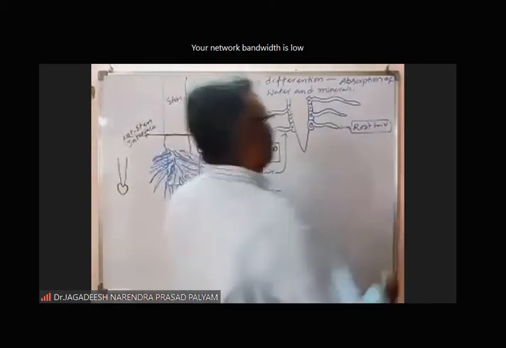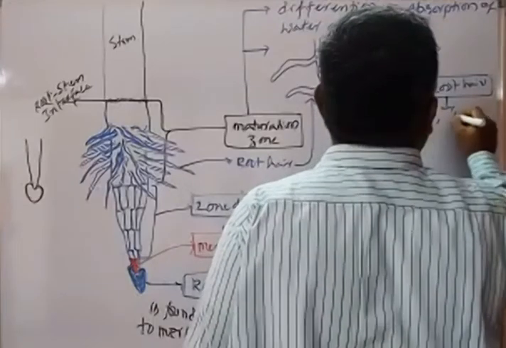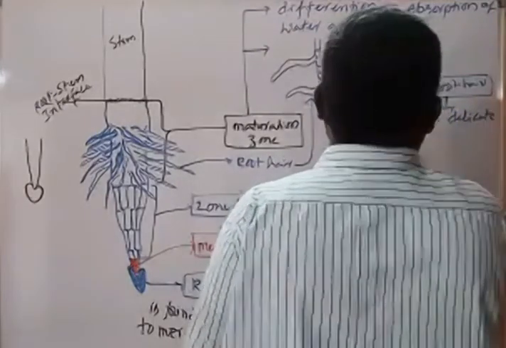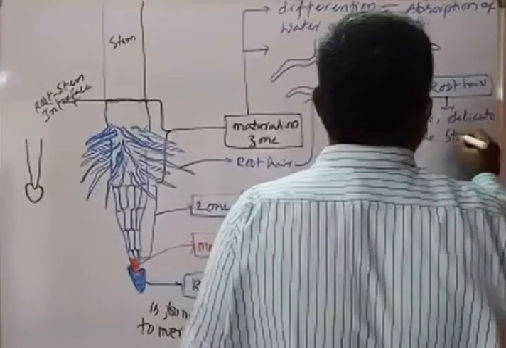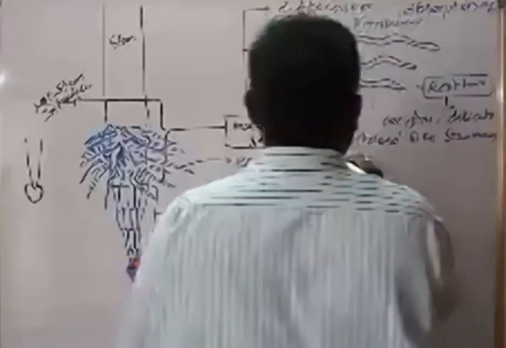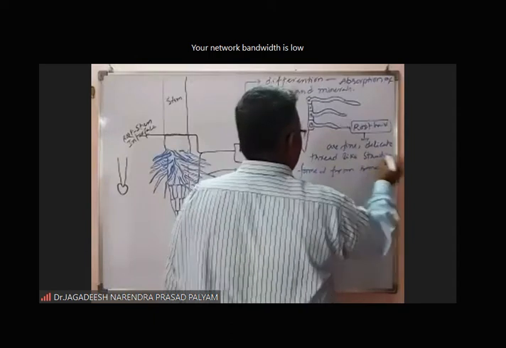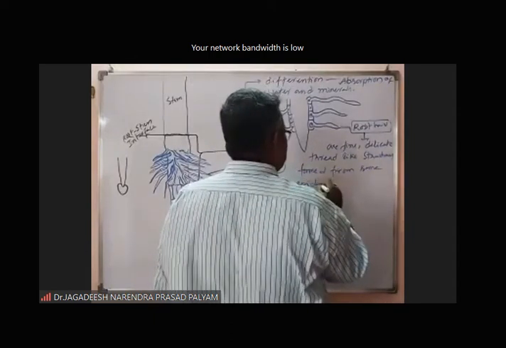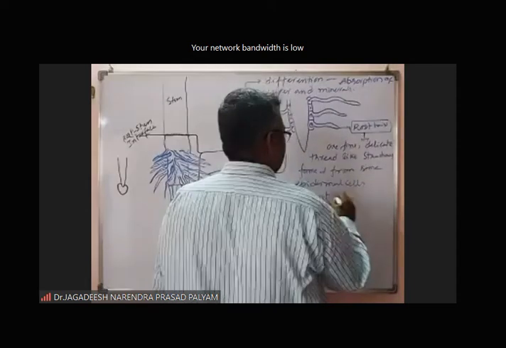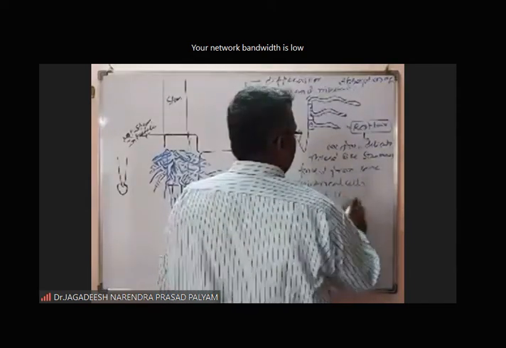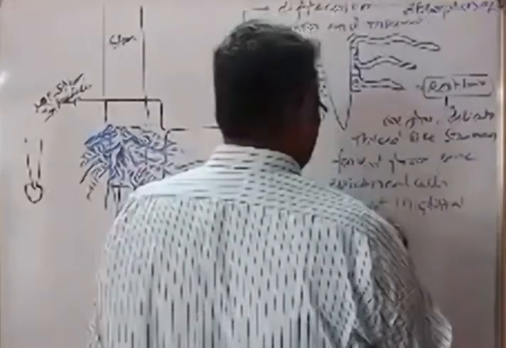Root hairs are very fine, delicate, thread-like structures formed from some epidermal cells present in the distal part of the maturation zone.